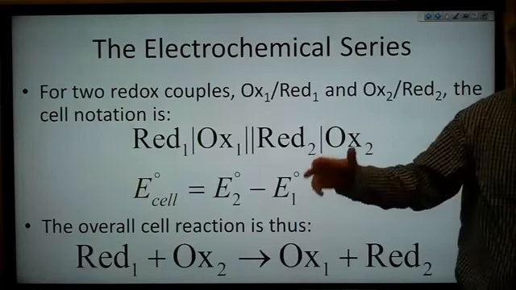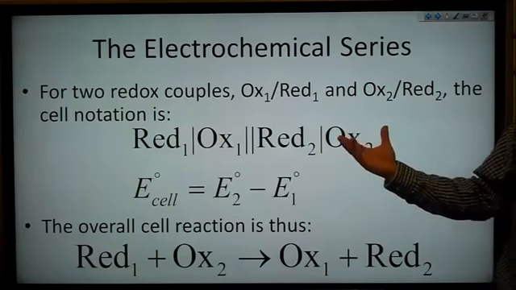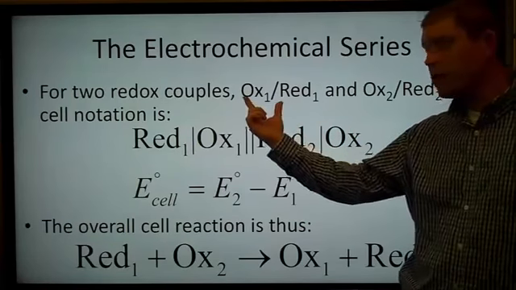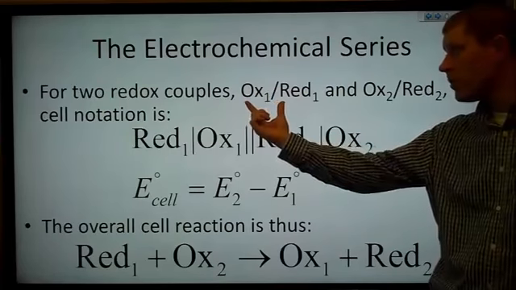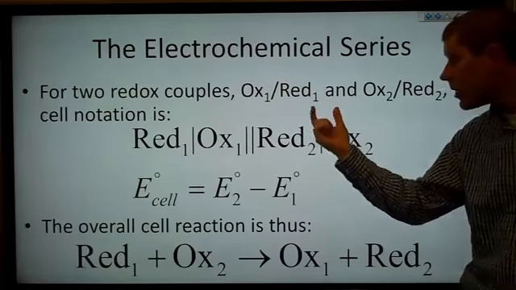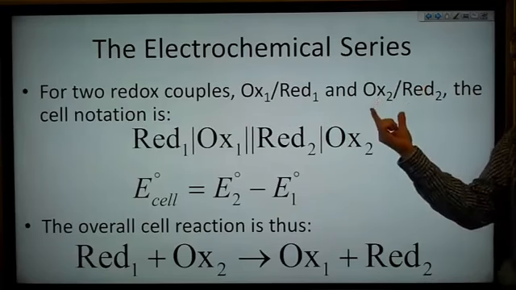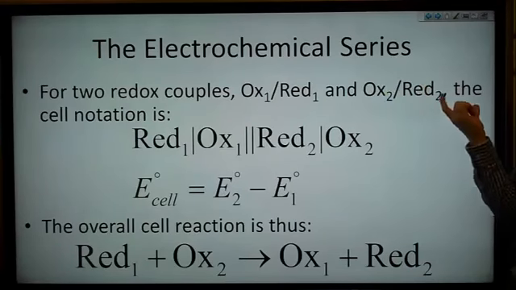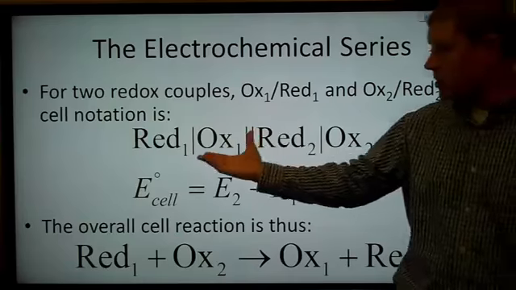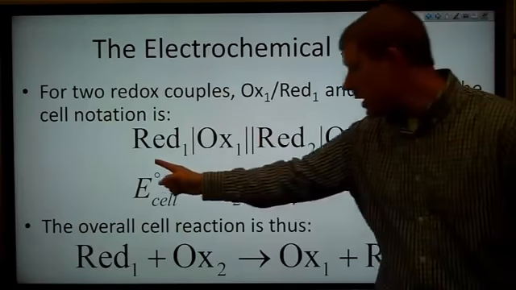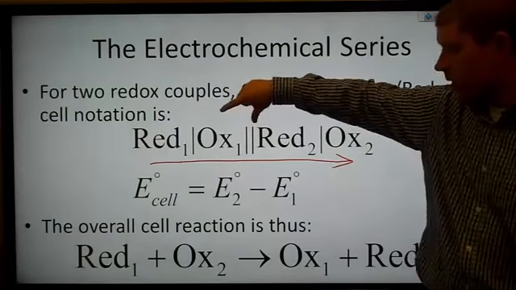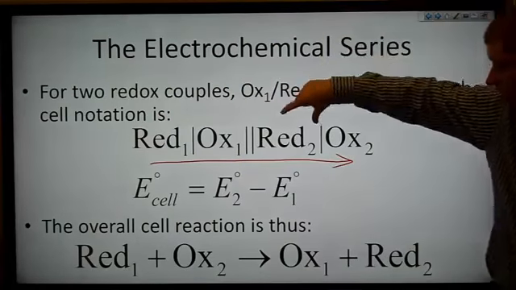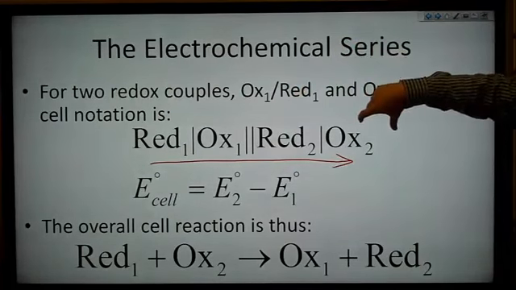So, for two redox couples, so having some species, Ox1, being reduced to turn into Red1, and Ox2 being reduced to turn into Red2, then our cell notation looks something like this. So again, we're moving to the right. So we have Red1 turning into Ox1, and we have Red2 turning into Ox2.